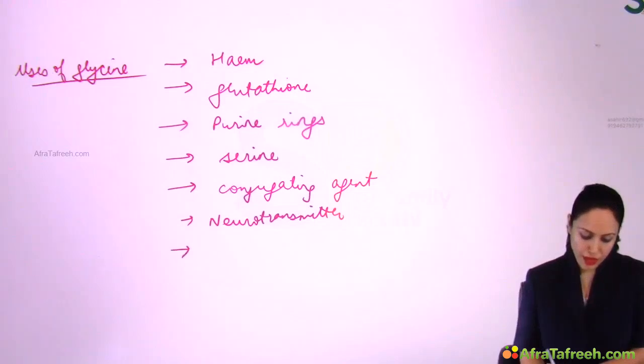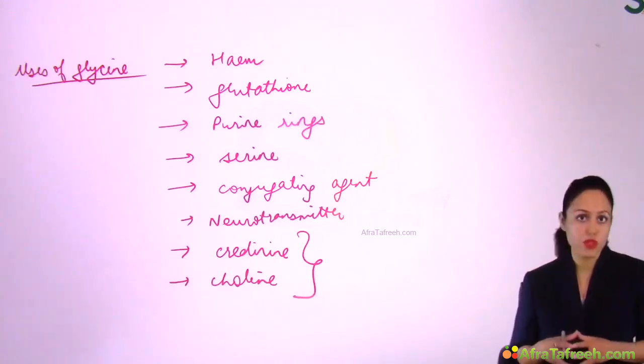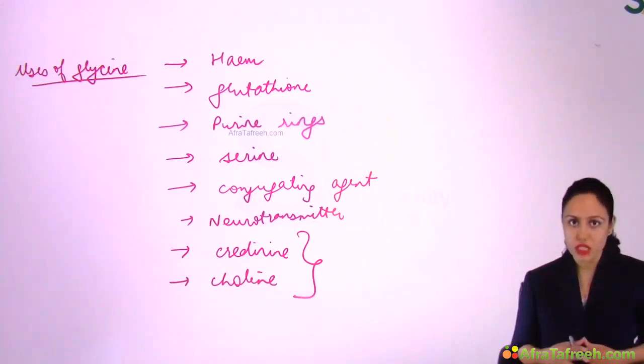And also glycine will form creatine. And there's one more role of glycine, that is formation of choline. These two compounds' synthesis I'm going to take in detail. So first I'm going to take the synthesis of creatine, right? Now coming to the detail of formation of creatine.